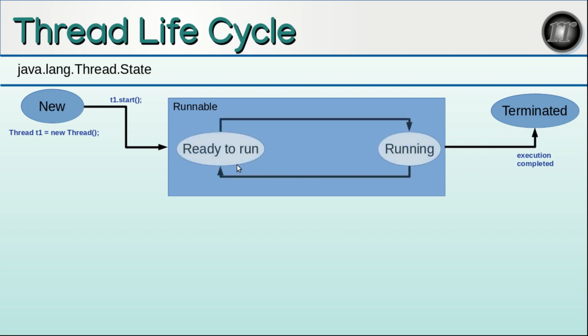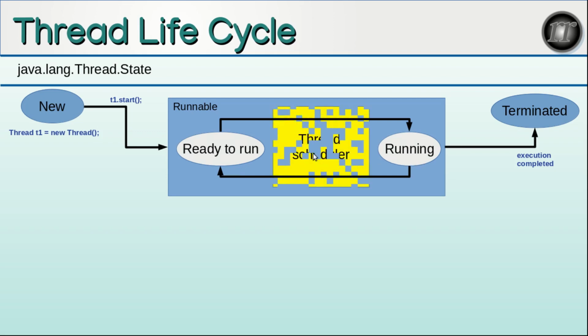In runnable state, a thread could be in ready to run and actually running states. So it totally depends on the thread scheduler to schedule the different threads in round robin fashion.